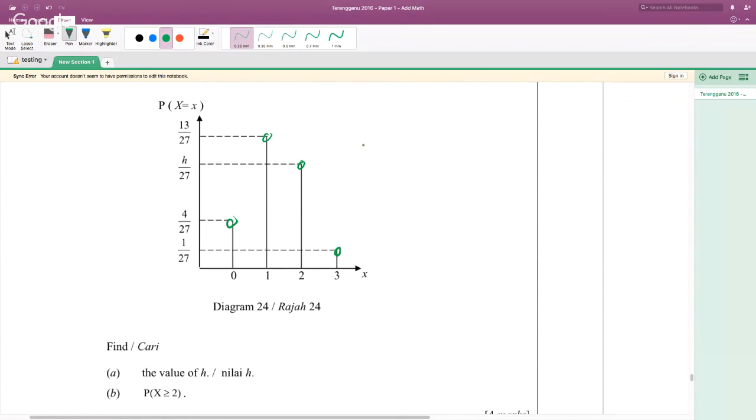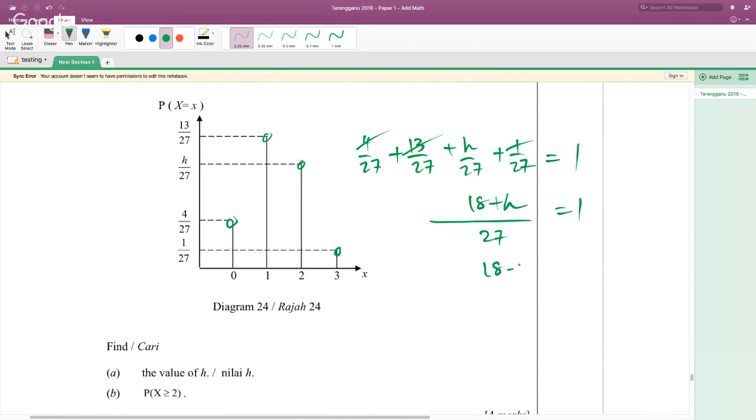So 4 over 27 plus 13 over 27 plus h over 27 plus 1 over 27 should equal 1, because this is probability. The bottom is over 27. 4 plus 13 is 17, plus 1 is 18, so 18 plus h equals 27. h is just equal to 9.